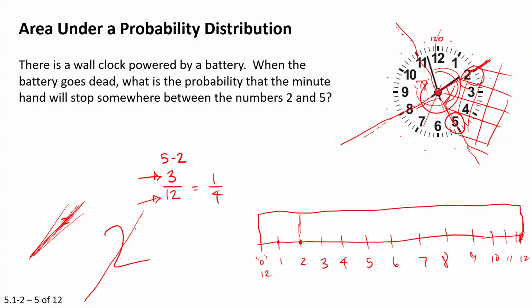Or maybe it's right on the 2, but I zoom in a little bit more with a more powerful telescope here. Maybe 1. A 1 probability? That means 100%. So yeah, what's the probability that I'm going to hit exactly 2?